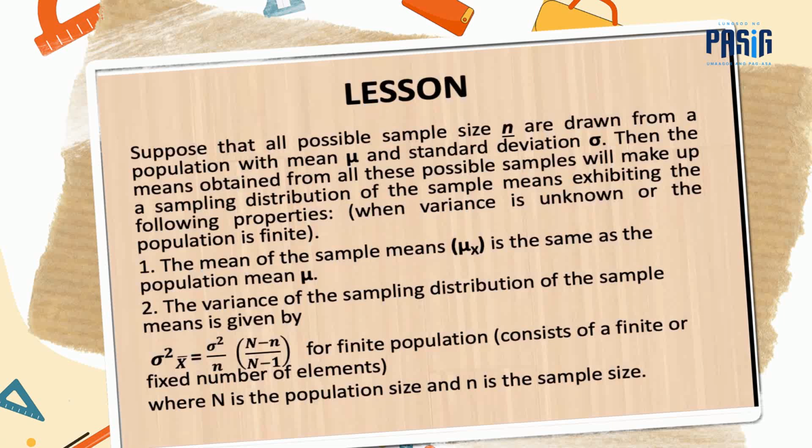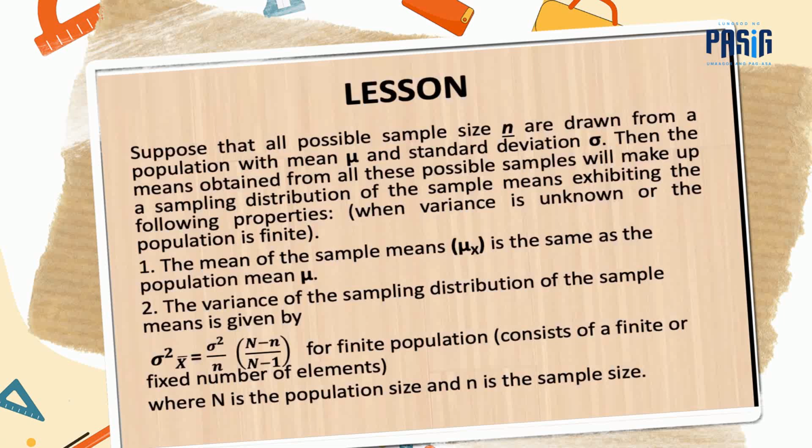This is when variance is unknown or the population is finite. Number 1, the mean of the sample means is the same as the population mean. 2, the variance of the sampling distribution of the sample means is given by the formula sigma squared over small n times the quantity big N minus small n all over big N minus 1.